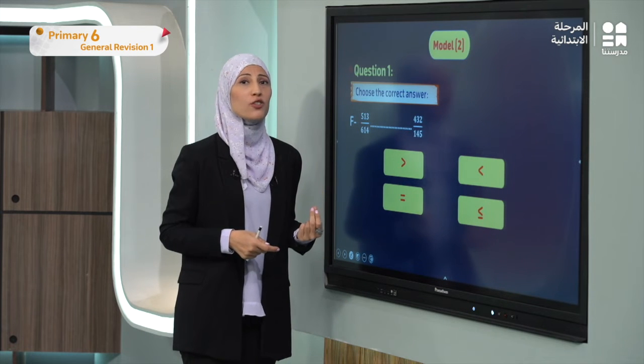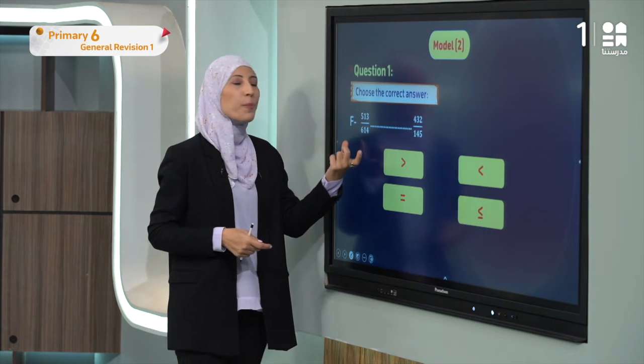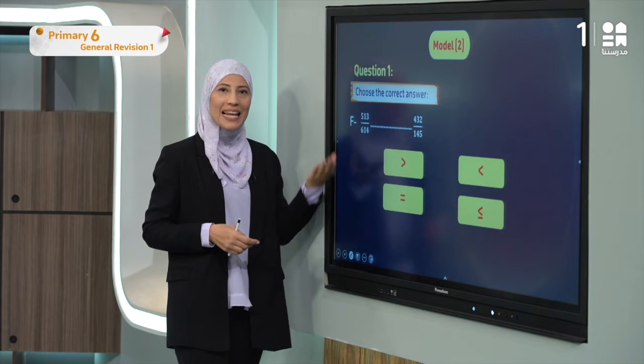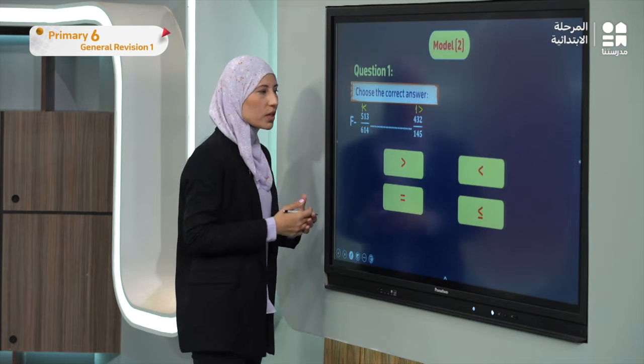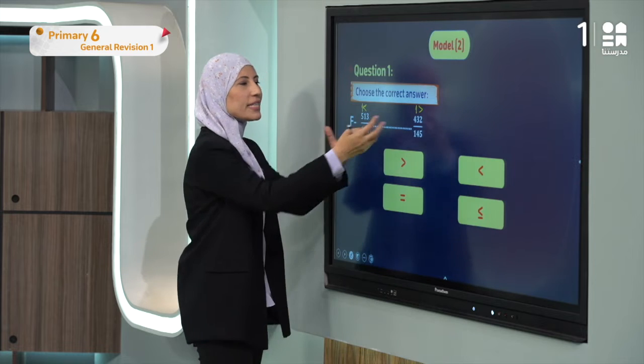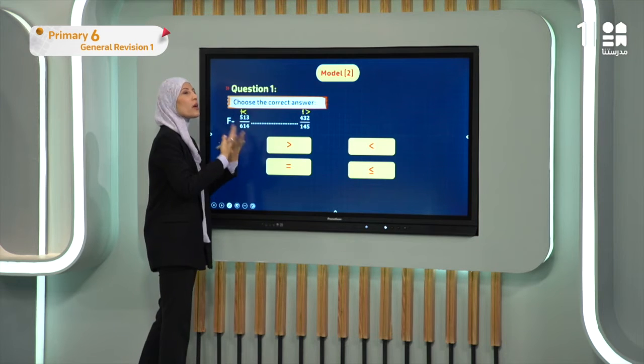An improper fraction means a value bigger than 1, but a proper fraction has a value less than 1. So here the value is less than 1, and here the value is greater than 1.